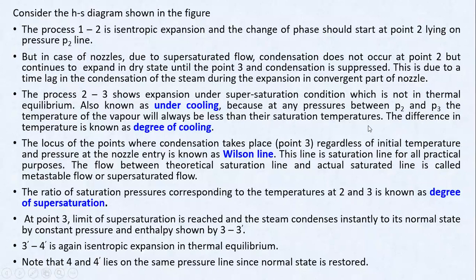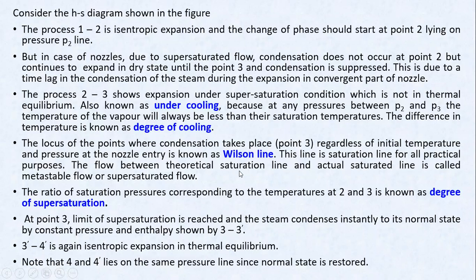That difference between the actual temperature and the saturation temperature at any pressure is known as the degree of undercooling. Also, as I said earlier, the locus of the points where the actual condensation takes place is known as the Wilson line, and this is independent of the temperature and pressure at the nozzle entry. For all practical purposes, it is considered as the saturation line.